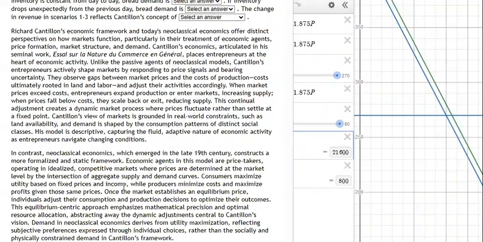Unlike the passive agents of neoclassical models, Cantillon's entrepreneurs actively shape markets by responding to price signals and bearing uncertainty.